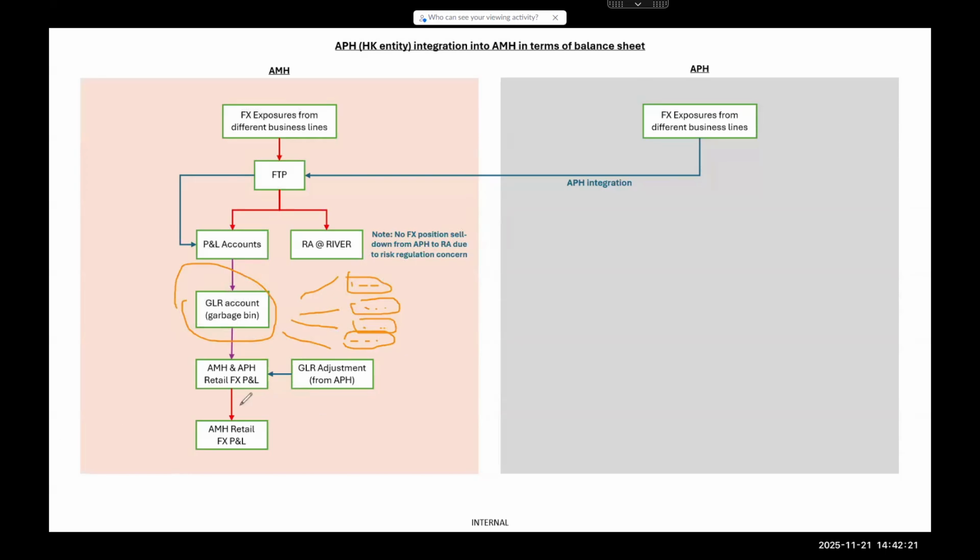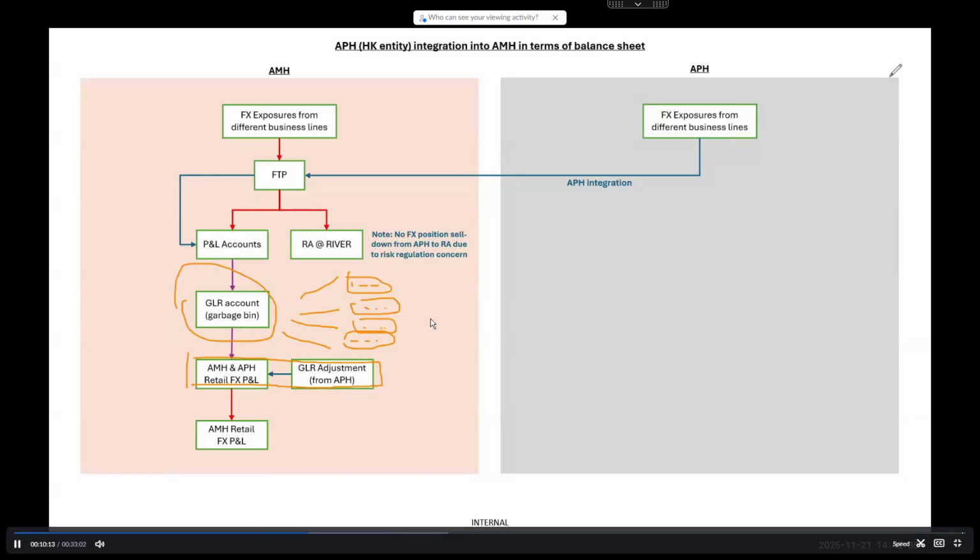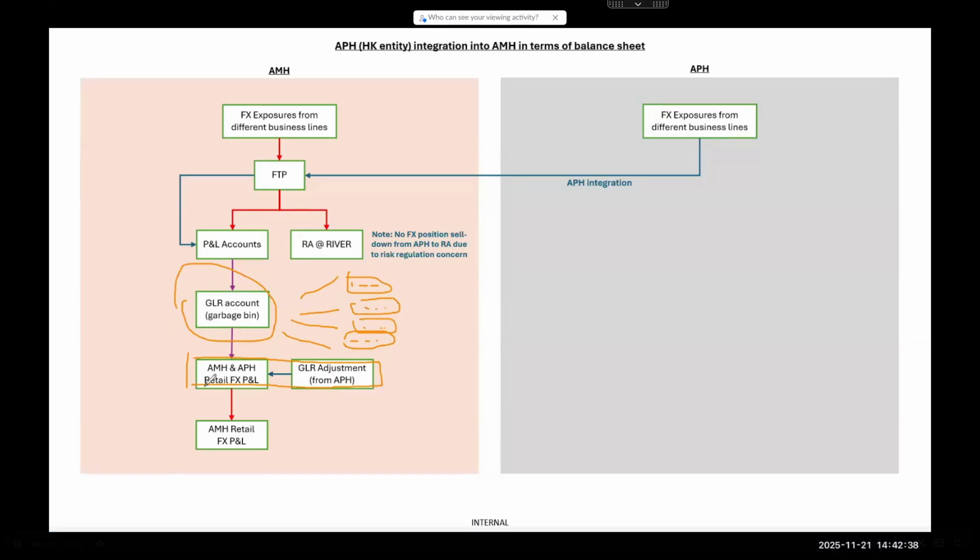And then we will do a GRL adjustment every month end, where the APH entity will tell us how much FX exposures will fall into the AMH P&L accounts. And then we will do some adjustment on the retail FX P&L, which is kind of similar to the CNH and CNY adjustment you send out every day.